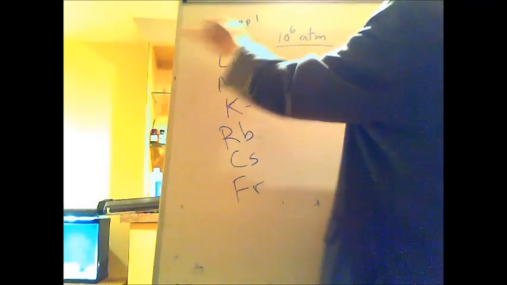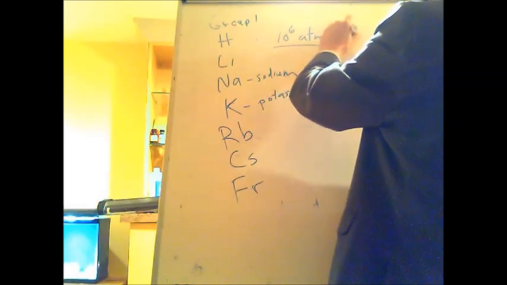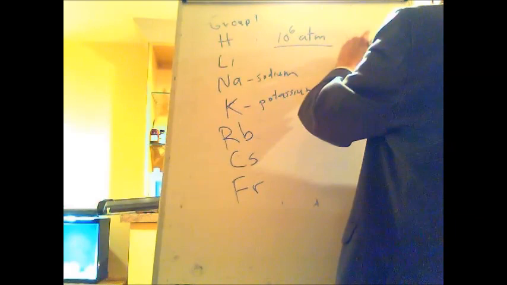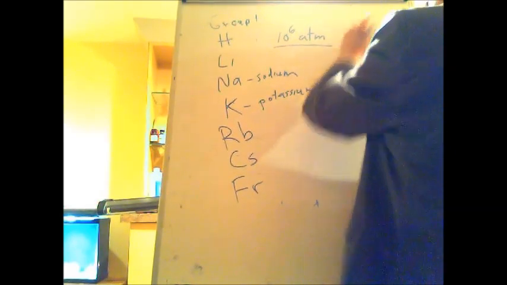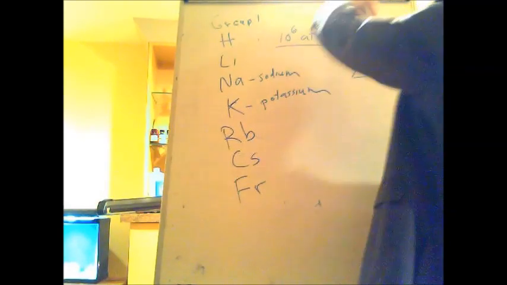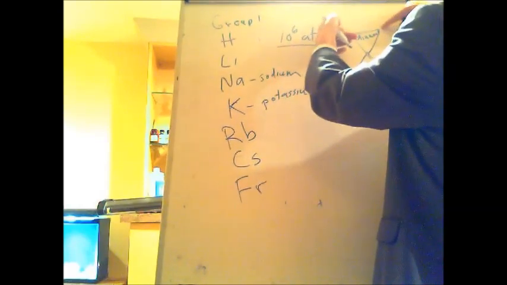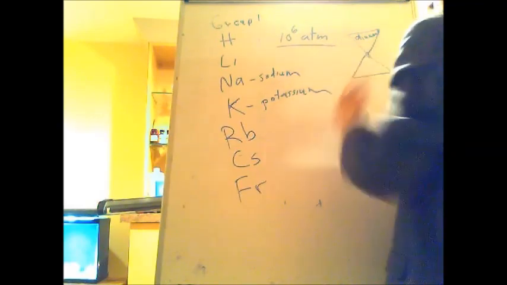Of course, it's a colorless gas at 1 atmosphere, but at 10 to the 6, and one of the ways you can do that is you can have 2 anvils and push them together. If the anvil is made out of diamond, which is transparent, you can achieve these very, very high pressures, because whatever pressure you're getting where it's wide, the pressure is greatly intensified when this comes to a point.